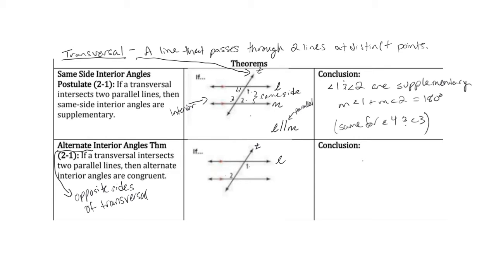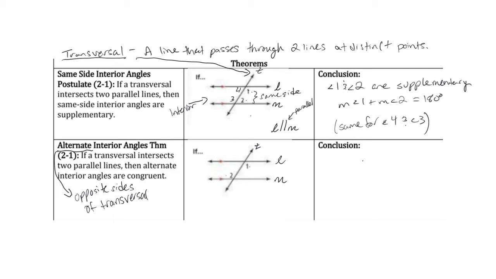Okay, so if we remark our lines T, L, and M, and we look at our T, we can see angle 1 and angle 2 are on opposite sides, so they are alternate.